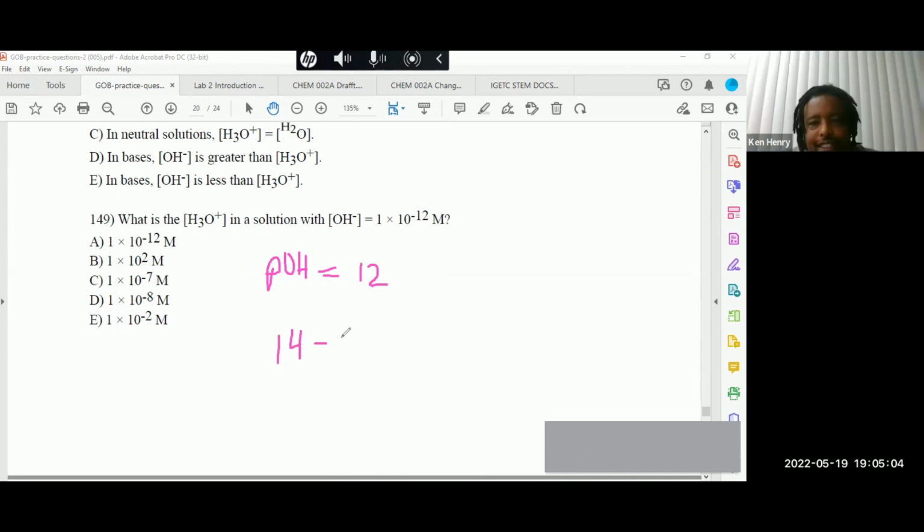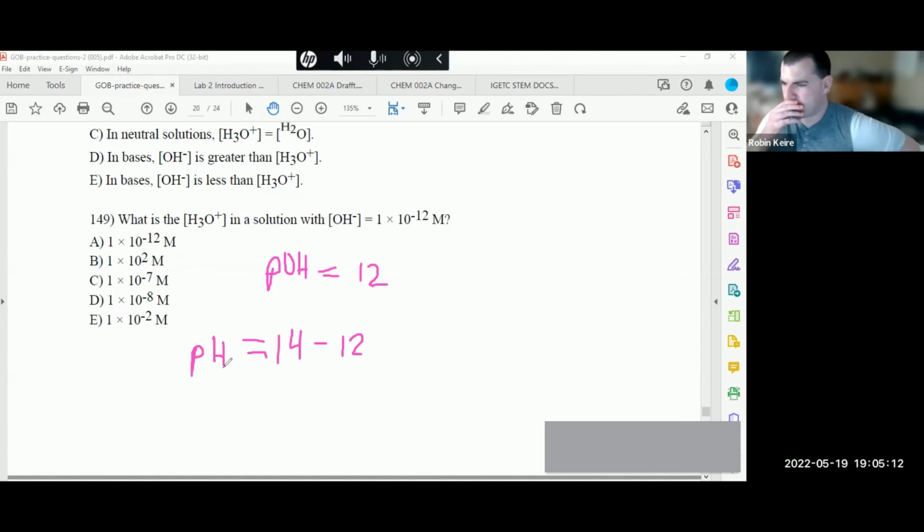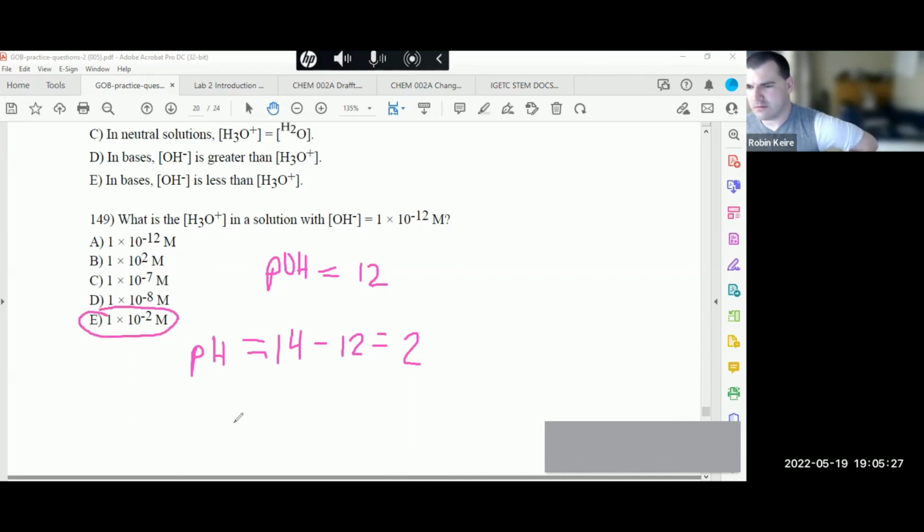That's 14 minus 12, and that's going to equal my pH, which gives you 2. And then your 2 becomes the negative exponent. So it gives you E as an eagle.